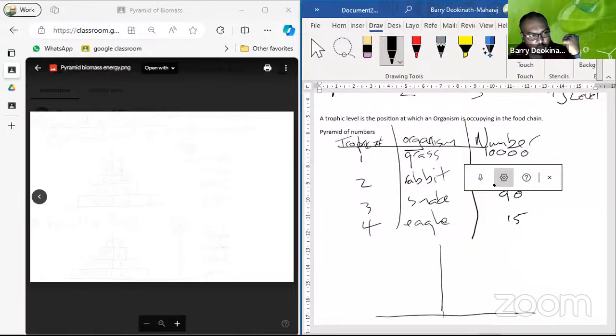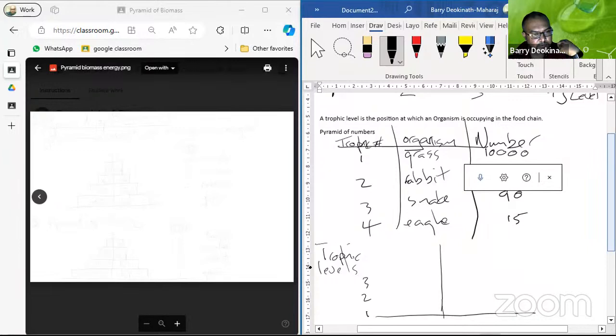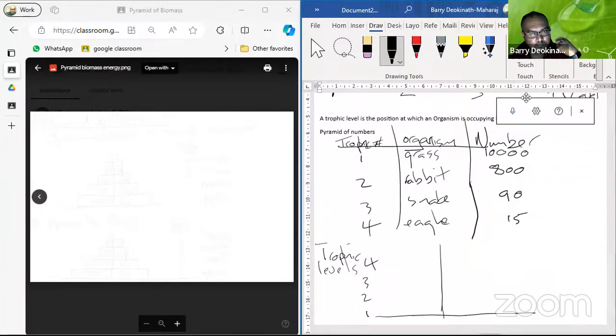So if we do a graph now, our X and Y axis, and we put our trophic levels. And we start from the bottom, 1, 2, 3, 4. So we're using these here.